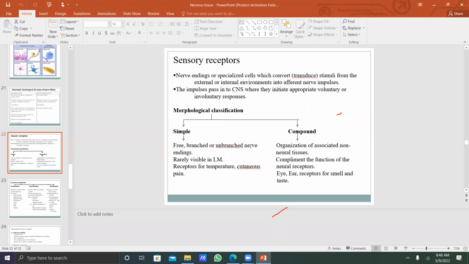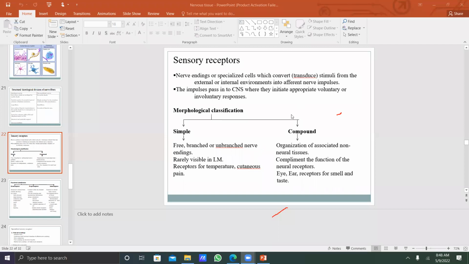In a morphological way, we can categorize these sensory receptors into simple receptors and compound receptors. Simple receptors are the free, branched or unbranched nerve endings. They are rarely visible in the light microscope, and these are the receptors responsible for temperature and cutaneous pain.